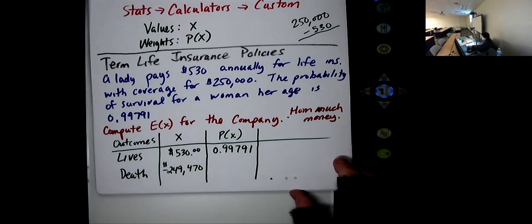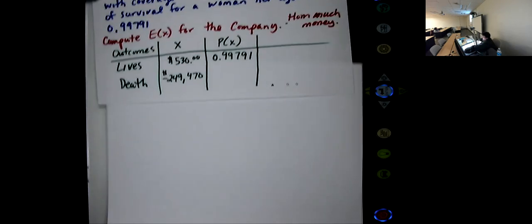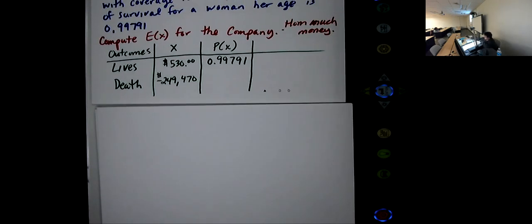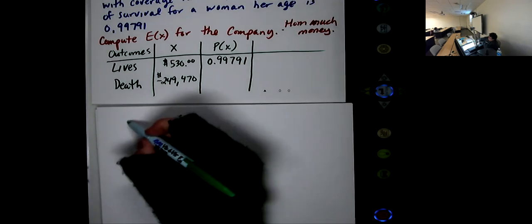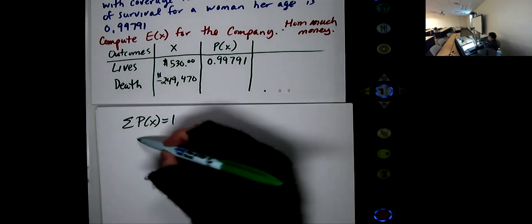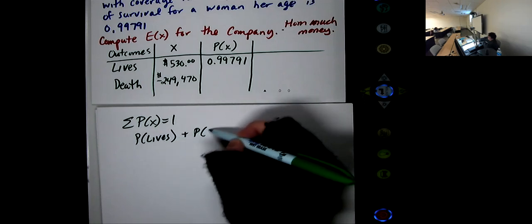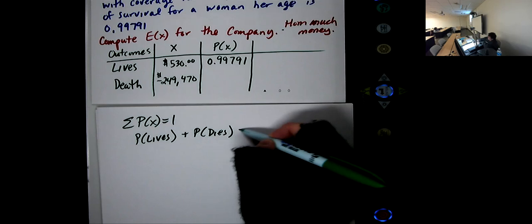It may be worth remembering that the sum of probabilities has to equal 1, which means the probability she lives plus the probability she dies has to equal 1.